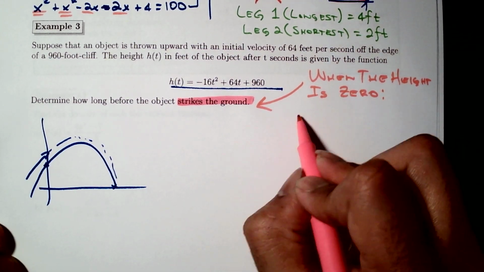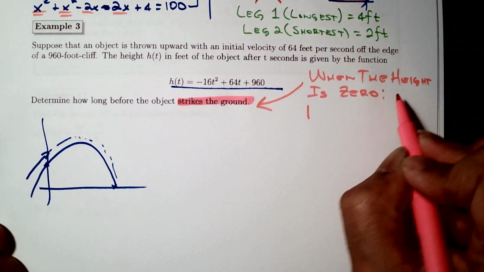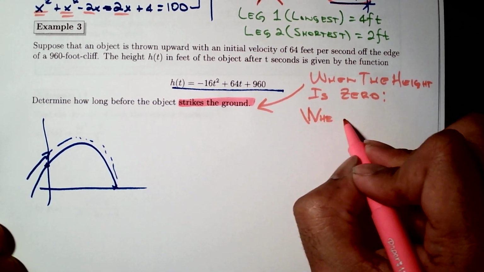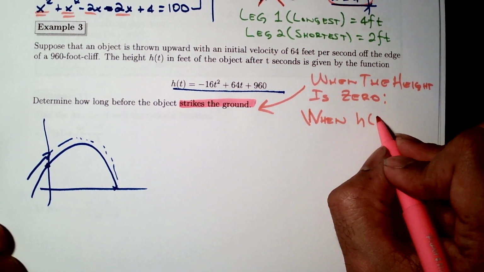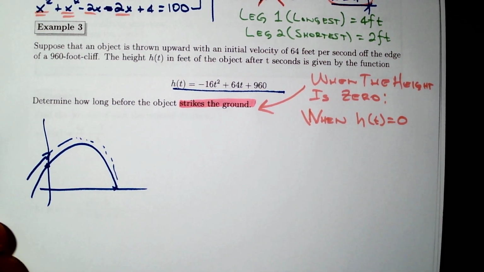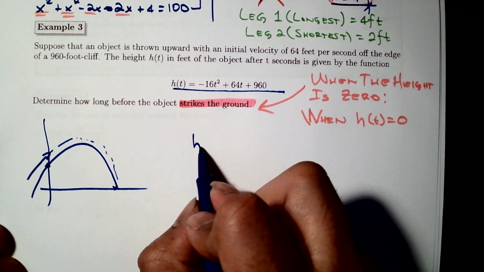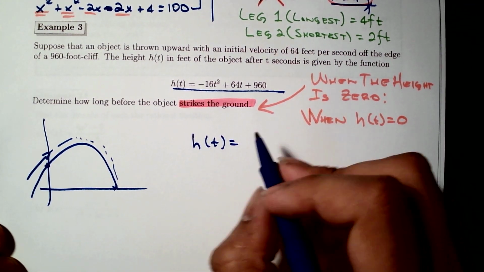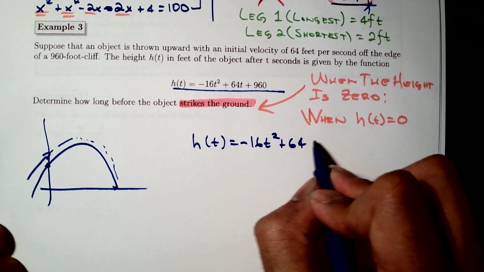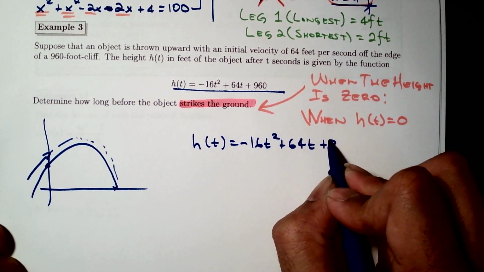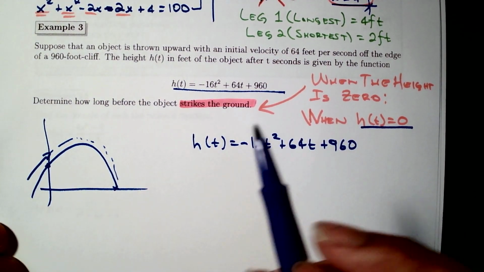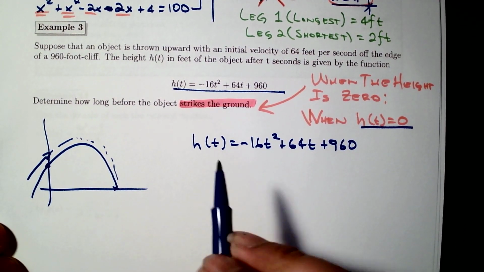In other words, in our mathematical terms, that's when h of t, the height, equals 0. So I'm going to do the following. h of t equals negative 16t squared plus 64t plus 960. And I'm going to use this property here when it hits the ground.